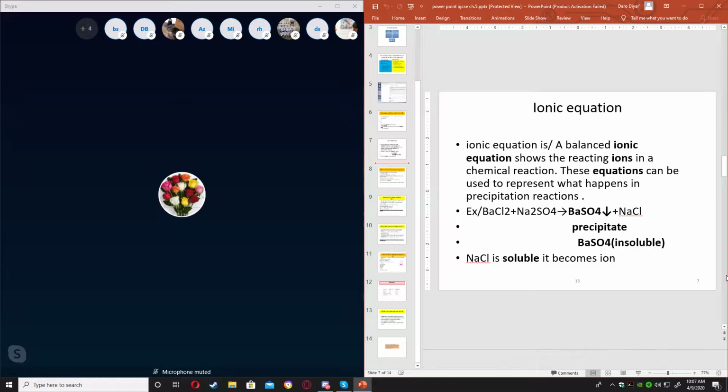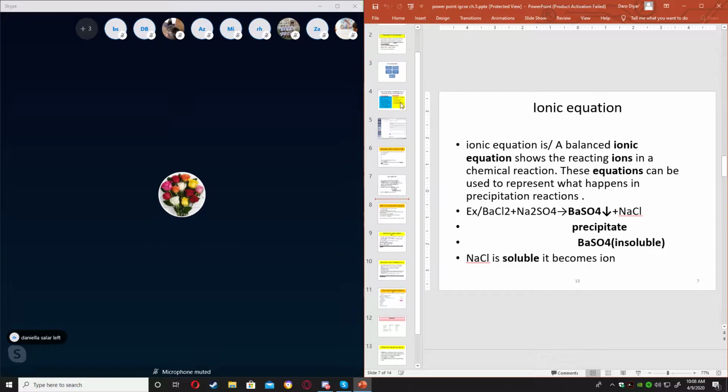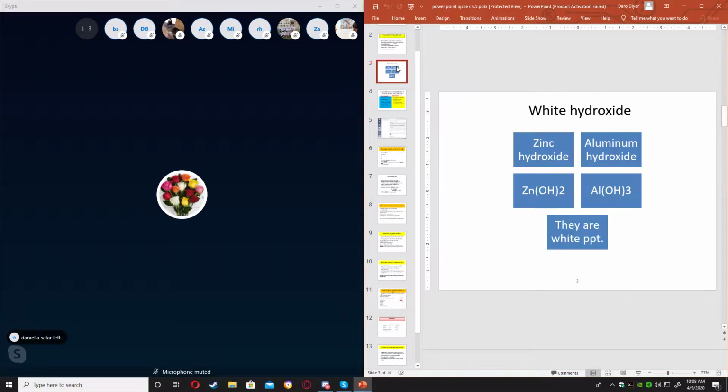When it is soluble, it means it gives us ions. If you take a look at the second slide, what are spectators and net equation? It is the continuation of that.